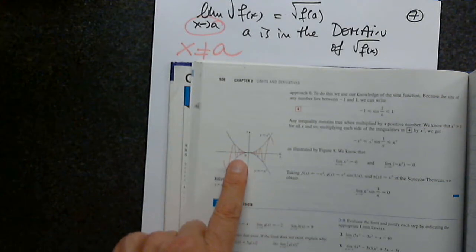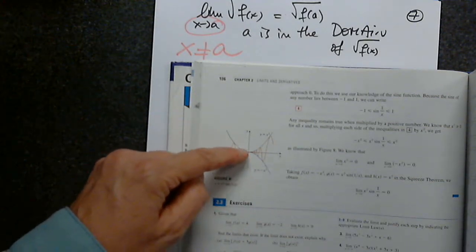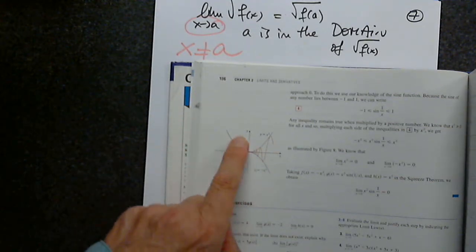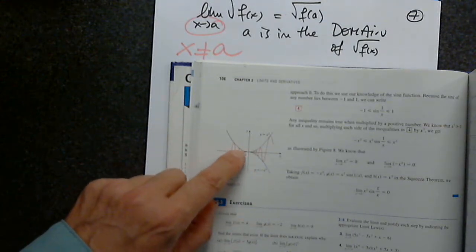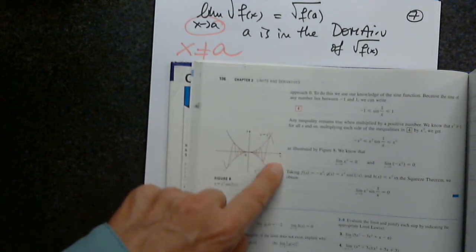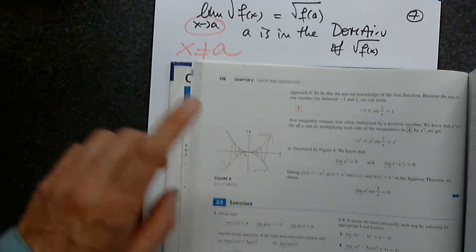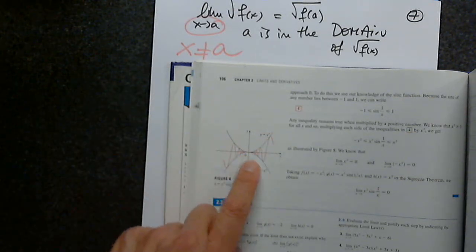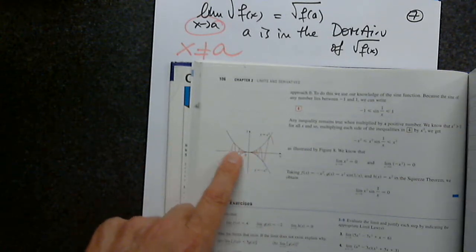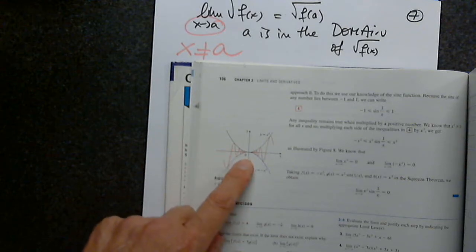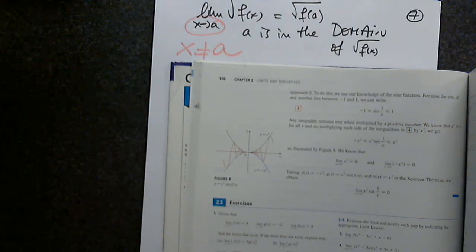And let's assume that there is a function right near a, in an open interval near a, which is 0 in this case, it's this red function. If the limit of x squared is 0 and the limit of negative x squared is 0, although I don't know anything about this red function, the limit from either side must be 0. There is no other way, right?